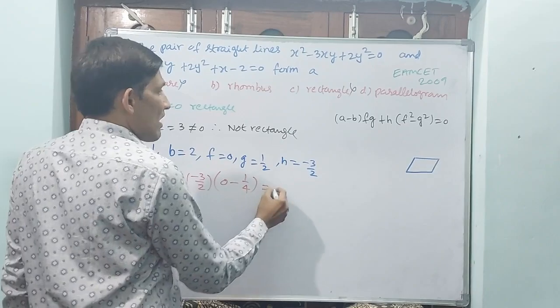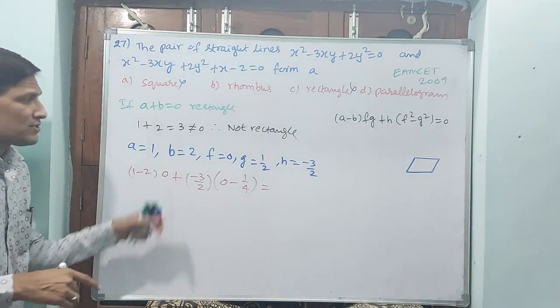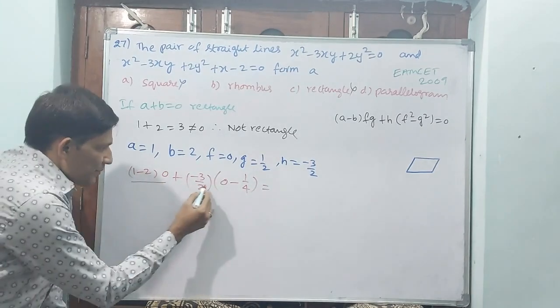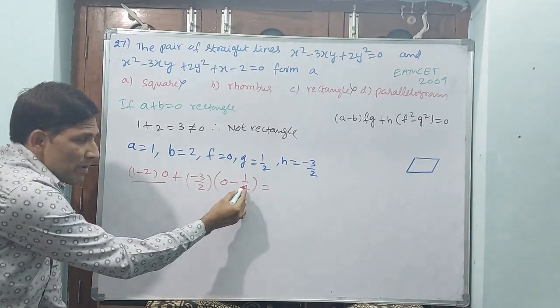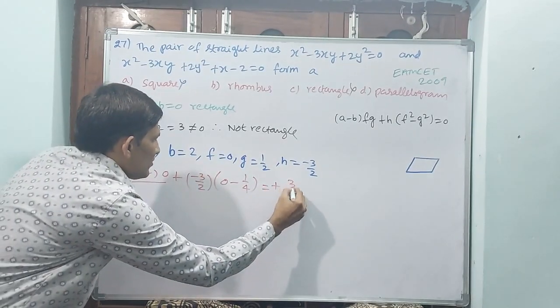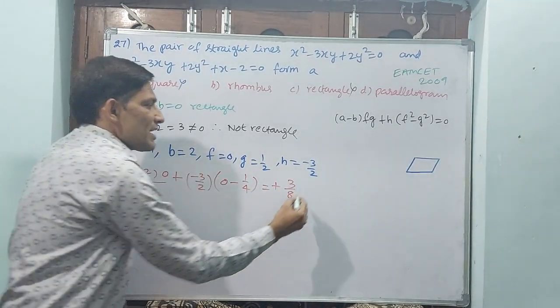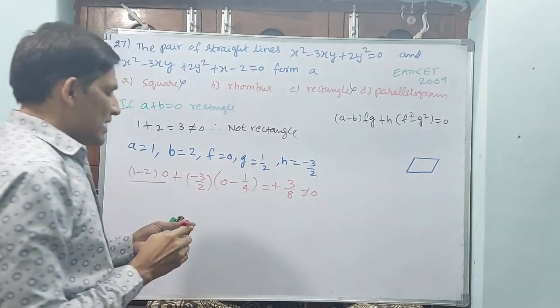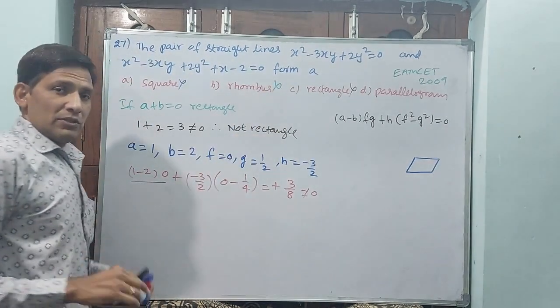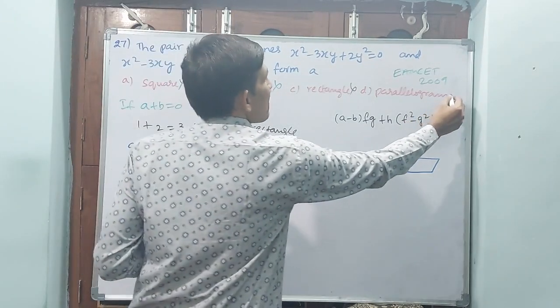See what will happen, 0 should come, then this is rhombus. 0 minus 1 by 4 is minus 1 by 4, minus of minus, plus 3 by 8. Plus 3 by 8 is not equal to 0. That is why this is not rhombus also. Then you don't have any other option, you put parallelogram.